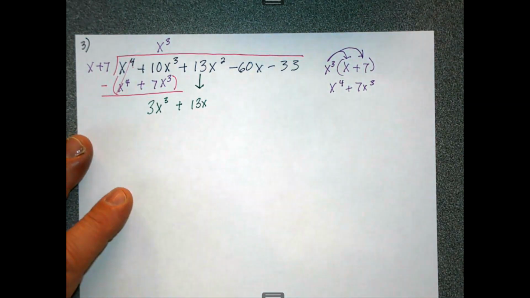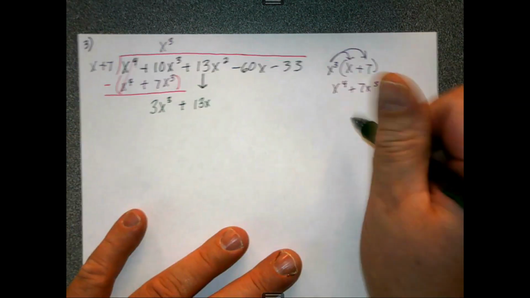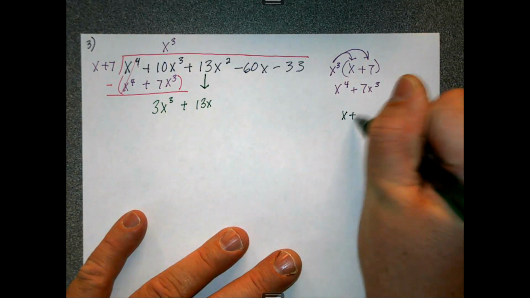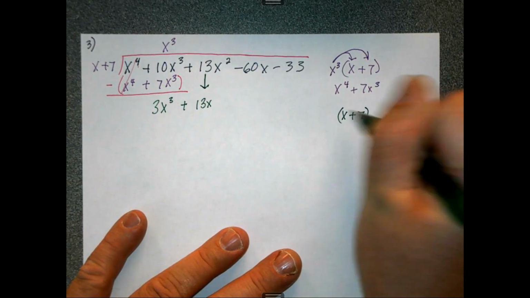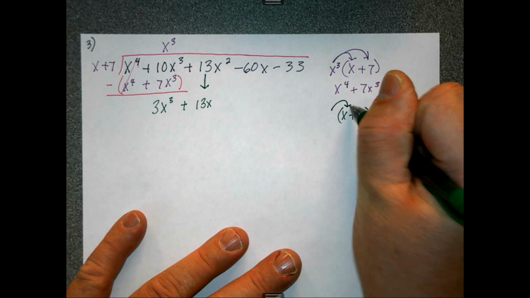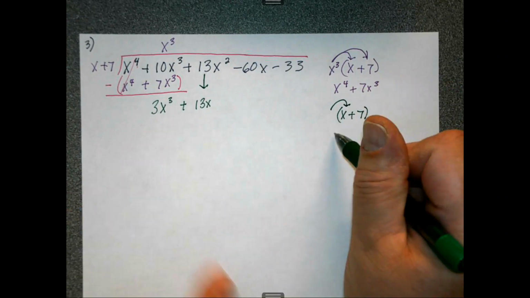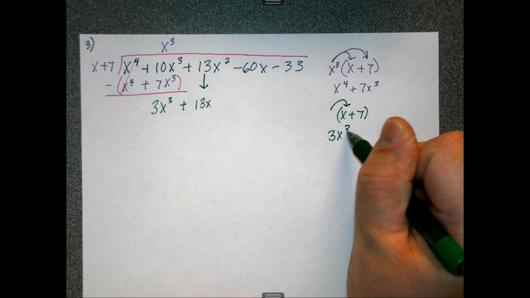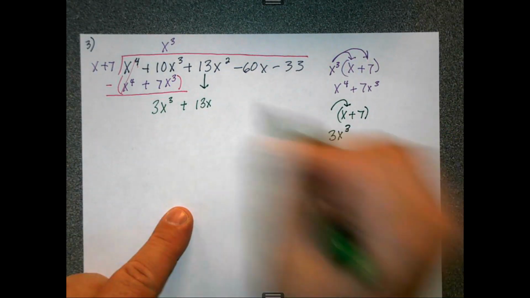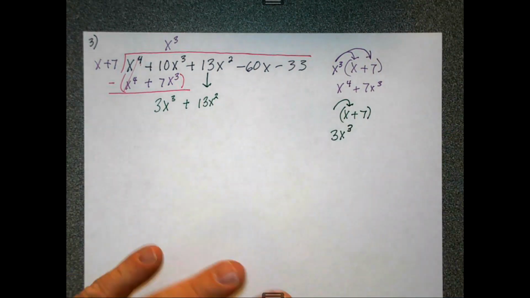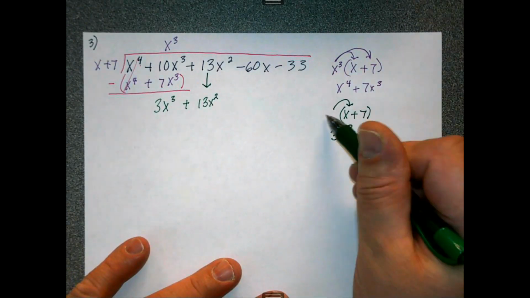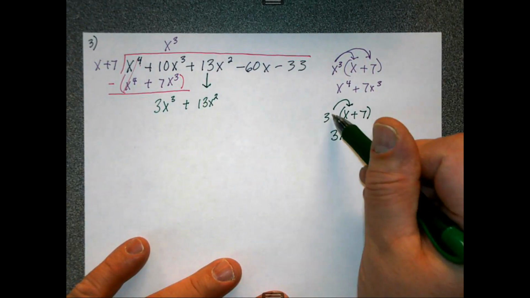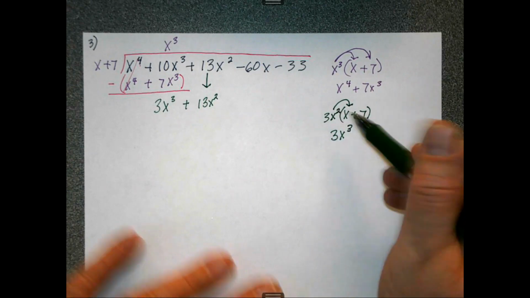Okay, so I'm going to take my divisor, x plus 7. Going to multiply it by something to get 3x cubed, right? Don't forget the 13 is squared. Thank you. Sorry. Let's see, I need a 3 and an x squared, right?